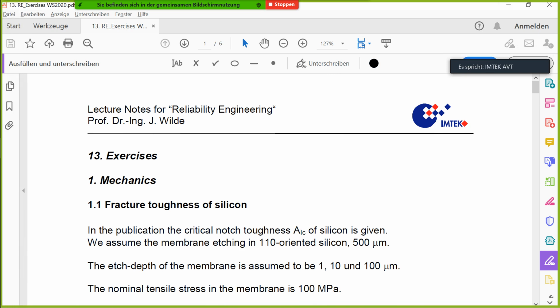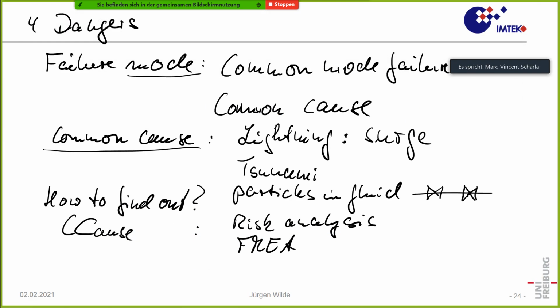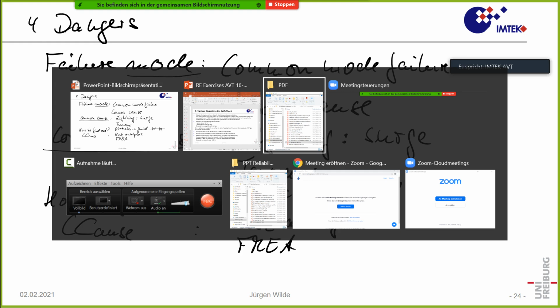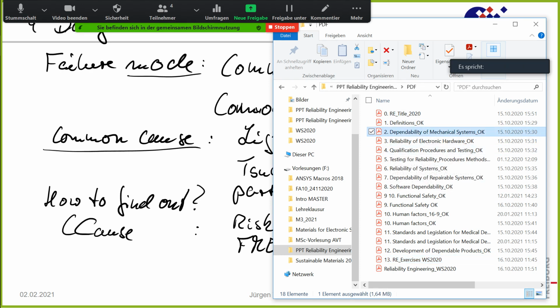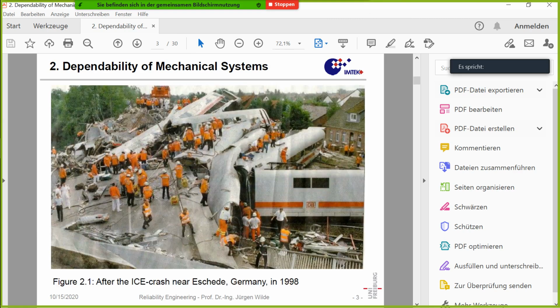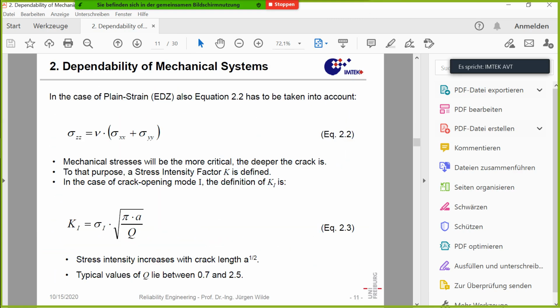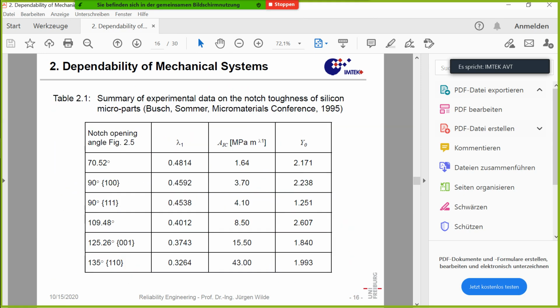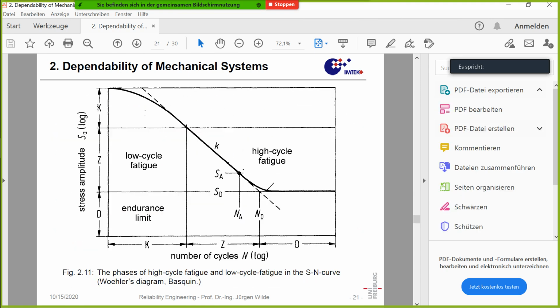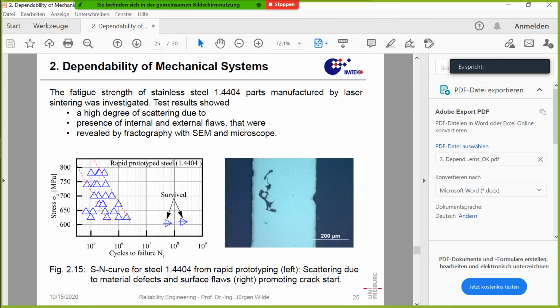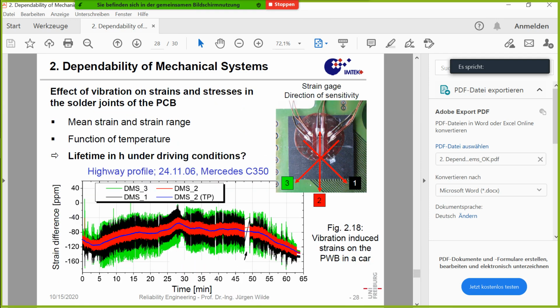Question: do you also have the PDF lecture notes, which is complete? Yes, and there we can have a look. Ah, that was my fault.